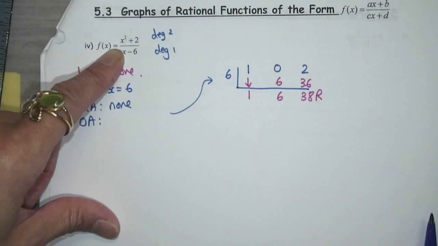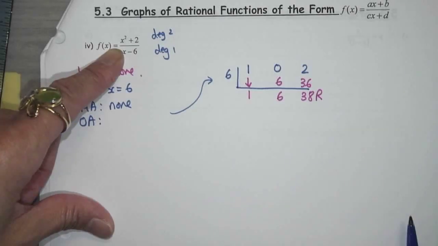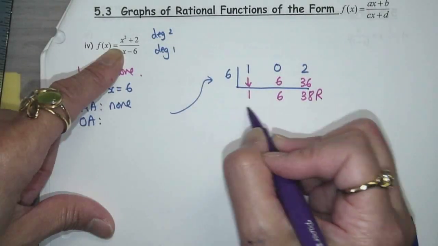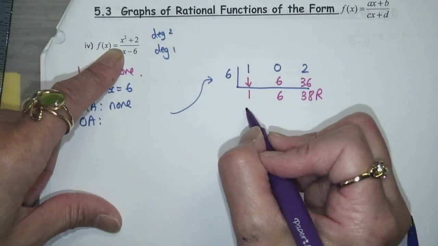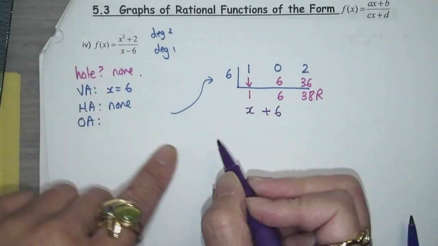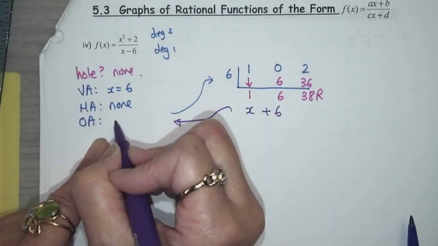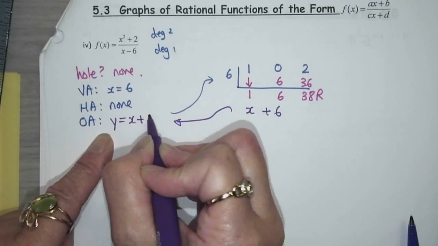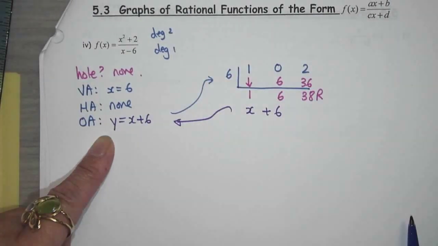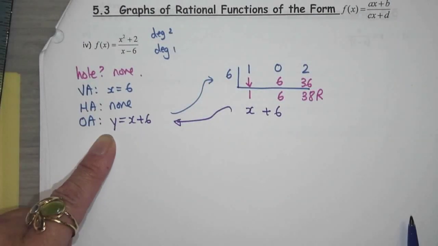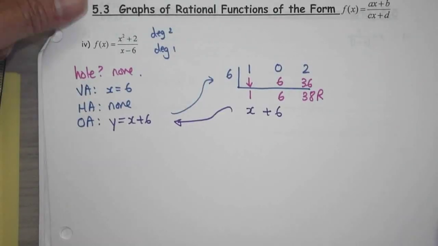That's my remainder. What is my equation then of my asymptote? x plus 6. So that goes over here. So y equals x plus 6. That part's okay? All right.